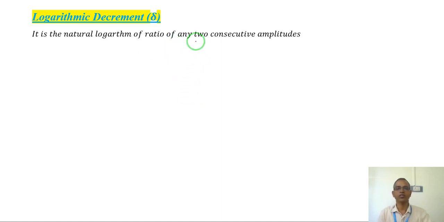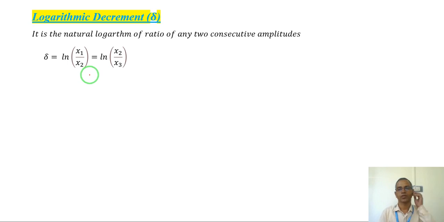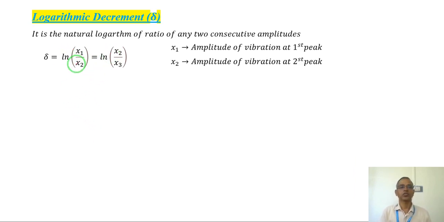Since it is an exponential decay, I have to take a log. So log of x1 to x2, or log of x2 to x3, is the logarithmic decrement. Here x1 is the first peak amplitude, x2 is the amplitude of vibration at the second peak, and so on.